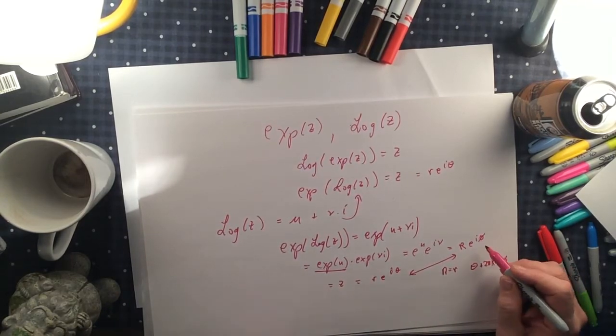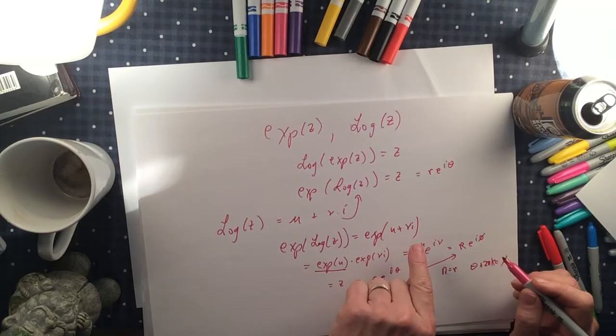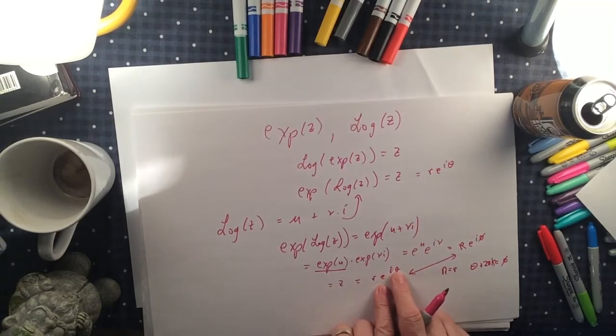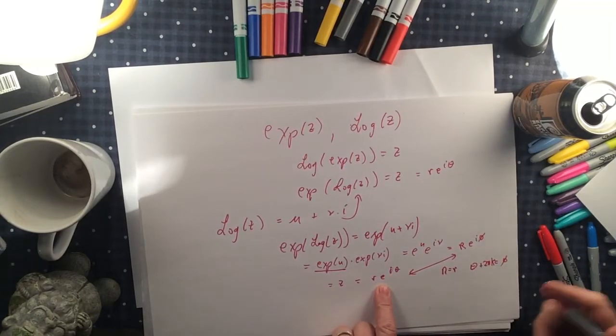So we have lots of choices for how v is going to work in the logarithm function, so we get back r e to the I theta, because that 2 pi k cyclicity of cosine and sine will produce the same answer.